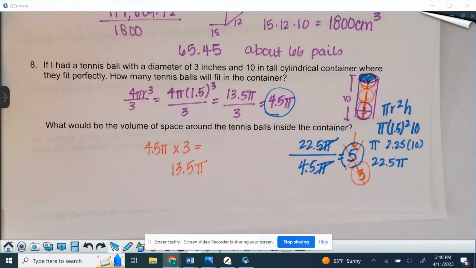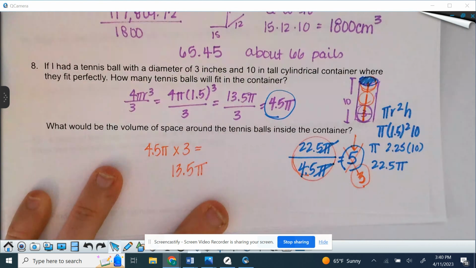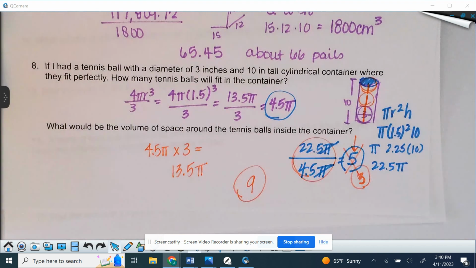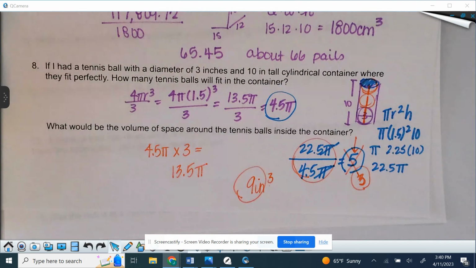Again, we're just ignoring the pi because they'll take care of themselves, just like we showed in this math here. But again, that's with melted tennis balls, not actual tennis balls. And then that would leave us with 9 inches cubed around the outside, after we take our 3 tennis balls worth of volume out of the cylindrical container. Hopefully I didn't make that really complicated.